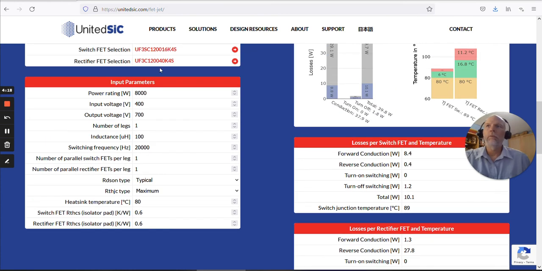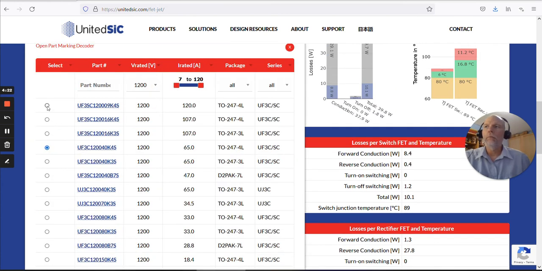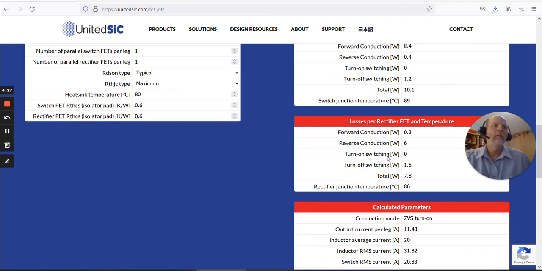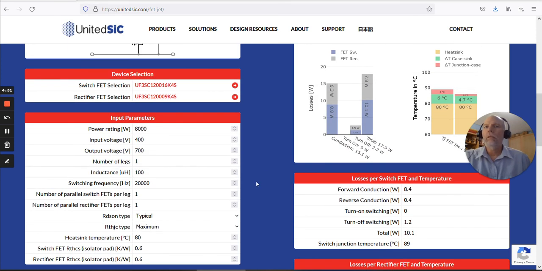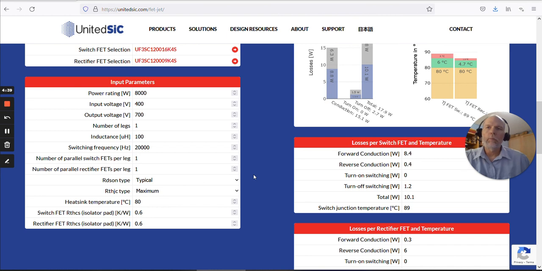Let's do the same for the rectifier. Let's go really big on this one, a 9 milliohm part. Okay, very low losses. So that's an advantage of the low on-resistance United Silicon Carbide FETs in this critical conduction mode operation.